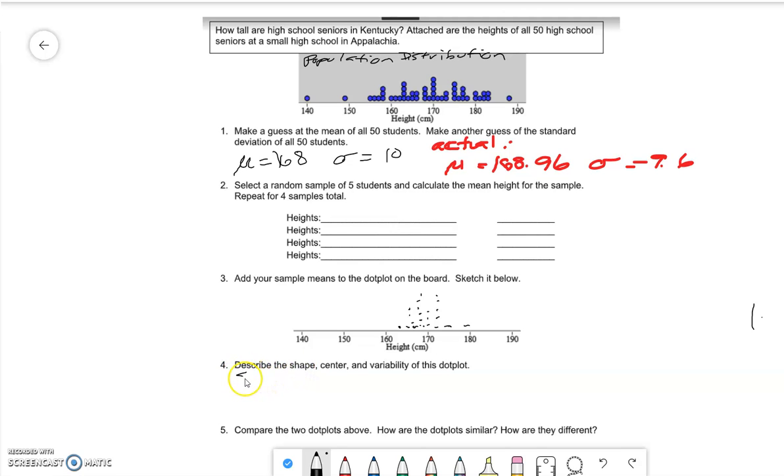The shape of our dot plot is roughly symmetric, and we have a peak at 169. Our center is at that peak, roughly 169. This means that it's approximately normal.